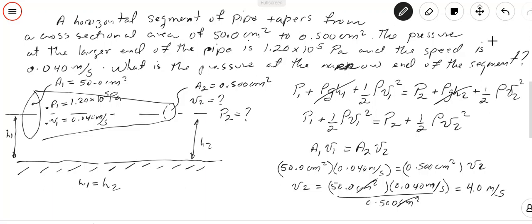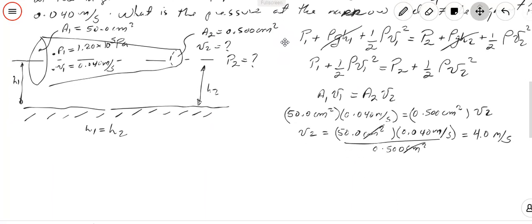So we found velocity 2, and we're now ready to find the pressure at point 2 using the Bernoulli equation. I know that P1 plus 1 over 2 rho v1 squared is equal to P2 plus 1 over 2 rho v2 squared. If I want to solve for P2, I will just subtract 1 over 2 rho v2 squared from both sides.